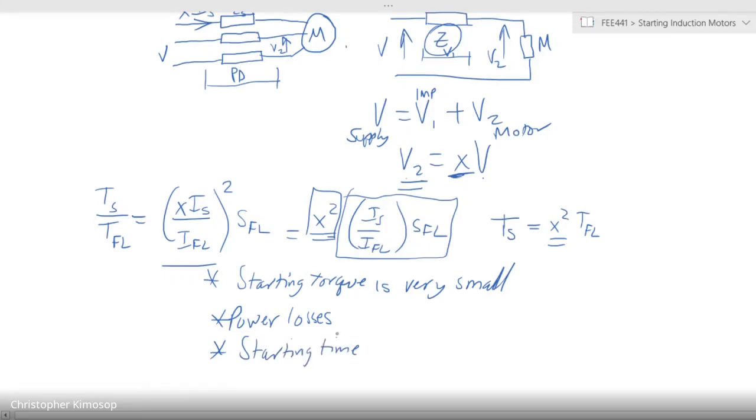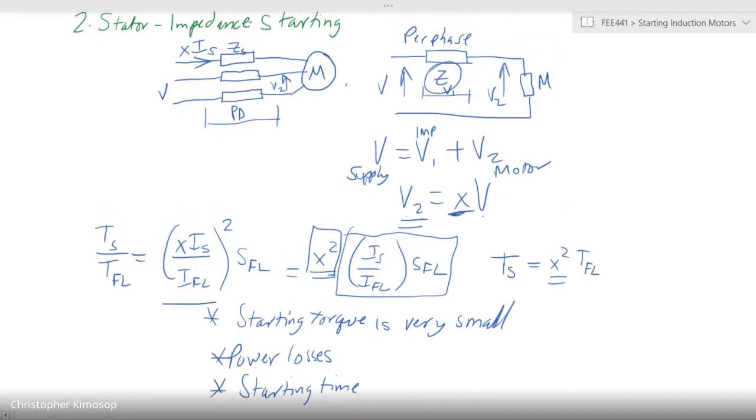And one of the other things that you will need to note is it will be important to switch out these impedances once you have reached your normal full load speed, your rated speed, all right?